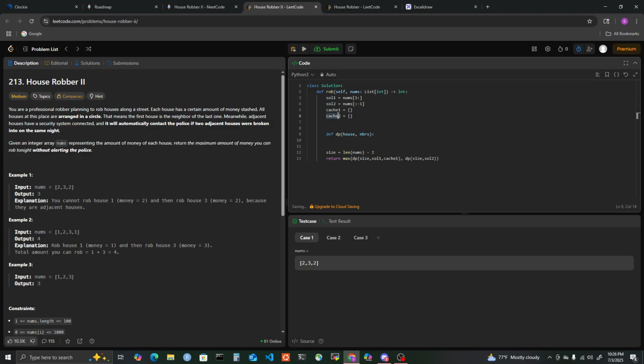Cache 1. Cache 2. See, I don't like this. I don't like this. Crap.